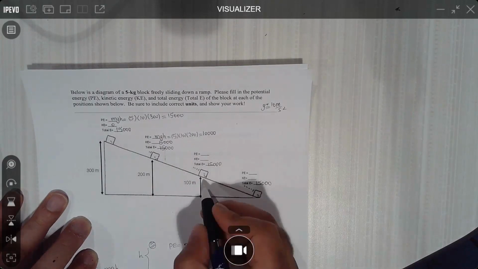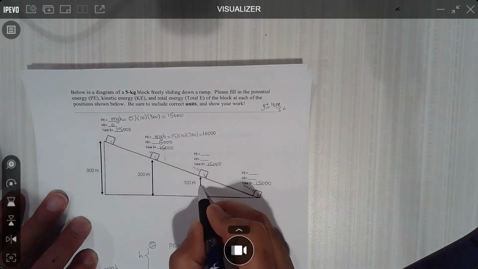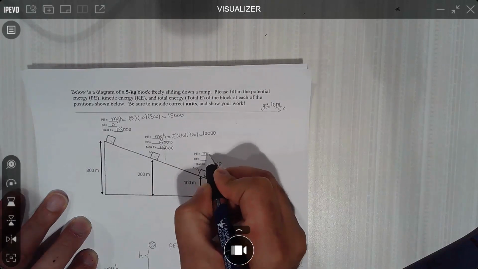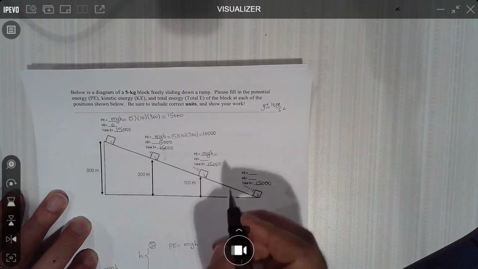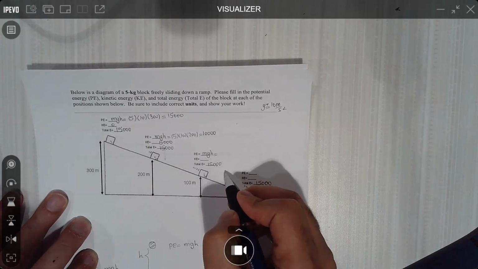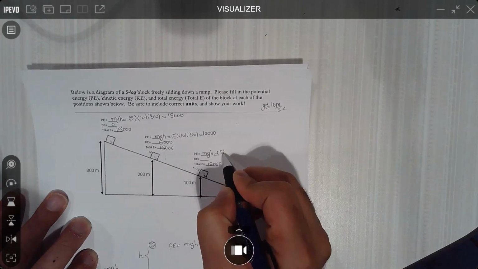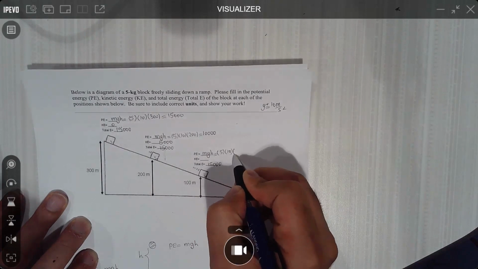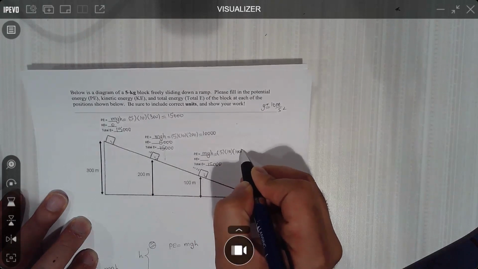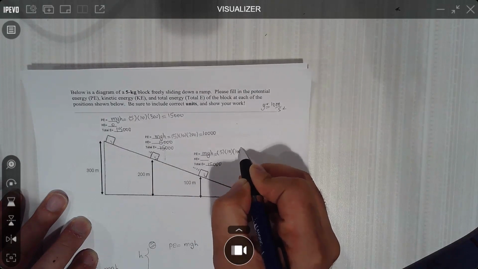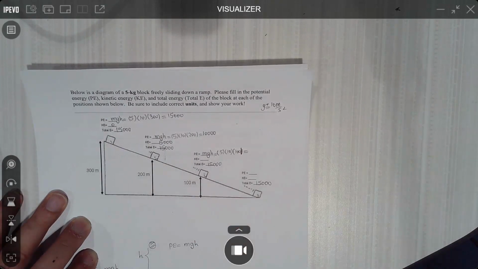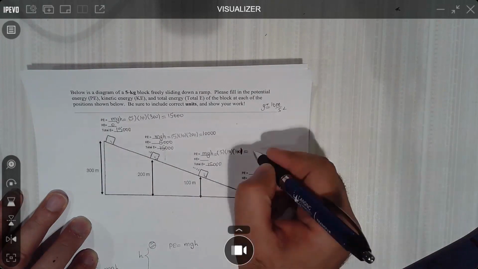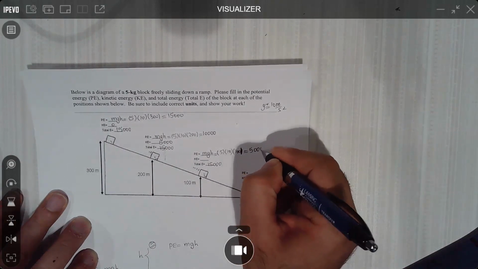Okay. Now the potential energy when the object is 100 meters above the ground. Again, mgh: m is 5, g is 10, and h is 100. When you multiply these numbers, it's going to be 5,000.